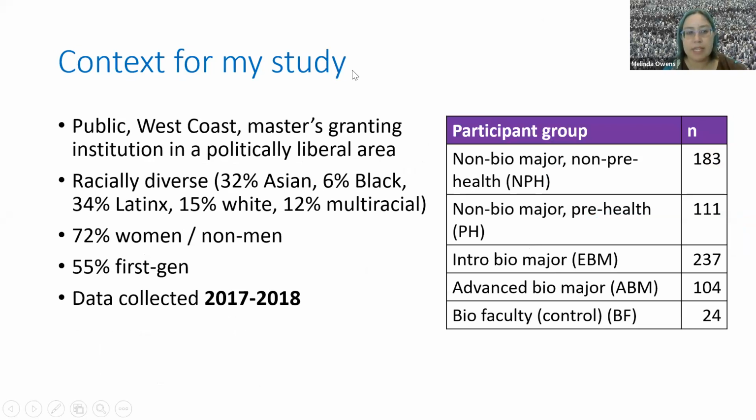So my study was done at a public West Coast master's granting institution, a racially pretty diverse population in terms of race, gender, first gen. And I do want to say all my data was collected before the pandemic. When it comes to vaccines, there's been a lot of evidence that everything about the COVID vaccine has highly politicized ideas about vaccines.